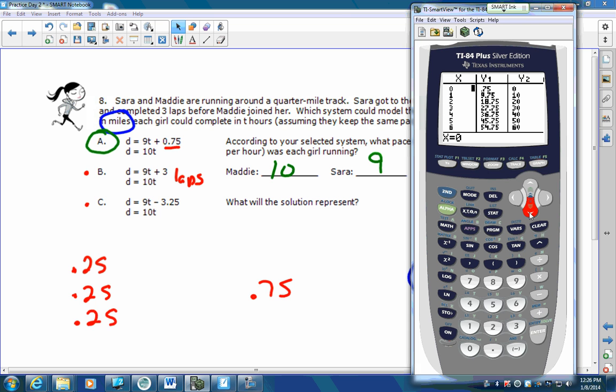Where are they going to run the same? After how long? Does it happen? Let's see. Second, I'm going to go to trace. 5 for intersect. It's always easier to do it this way. And enter 3 times.